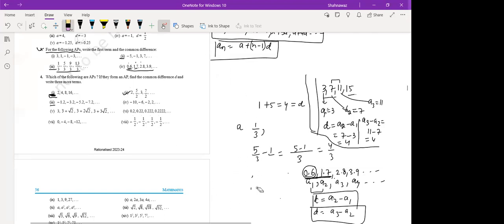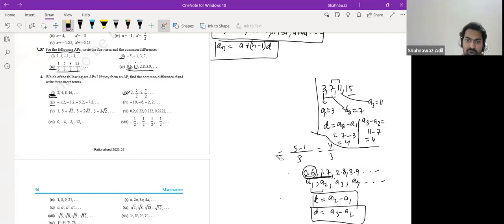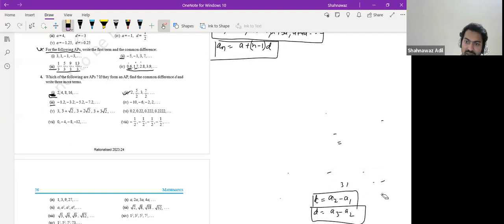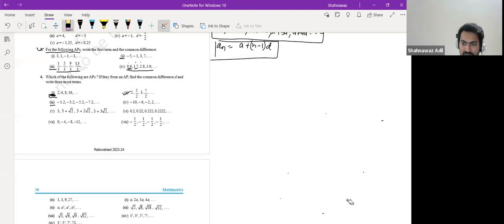We just have to remember that there is an arithmetic progression which has some terms. First term is A1, the subsequent terms are A2, A3, A4, and they are related by some difference, that is called the common difference. Every subsequent term has the same difference.